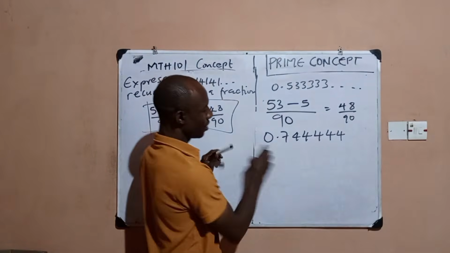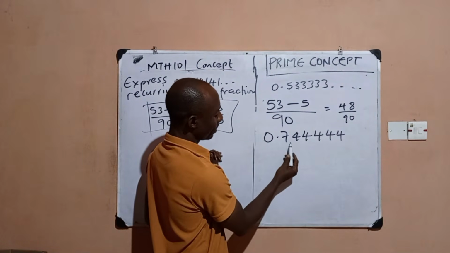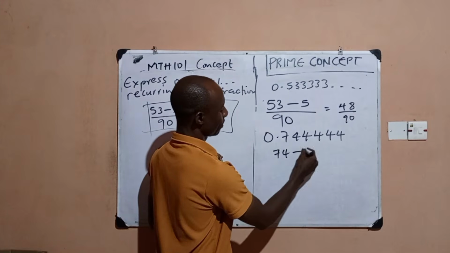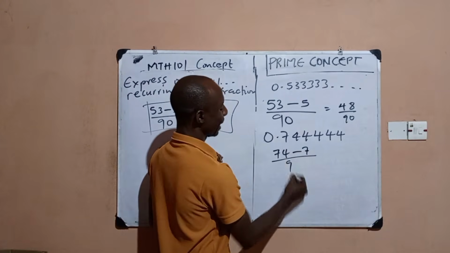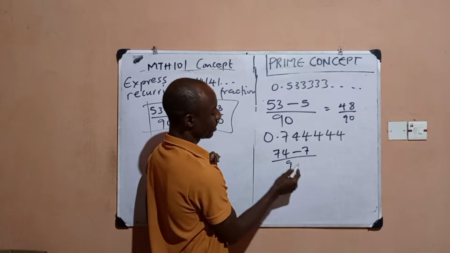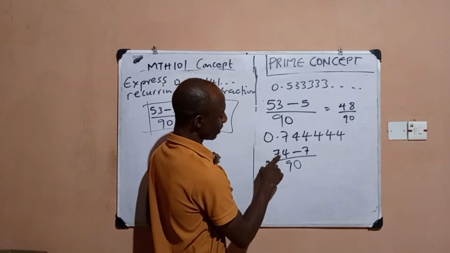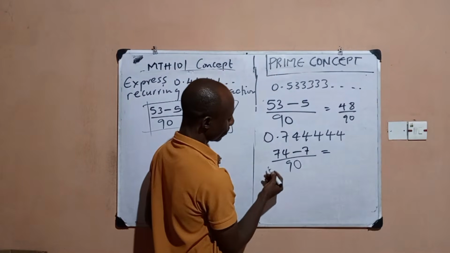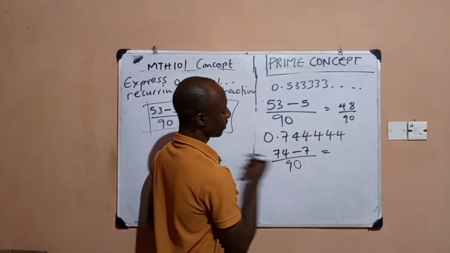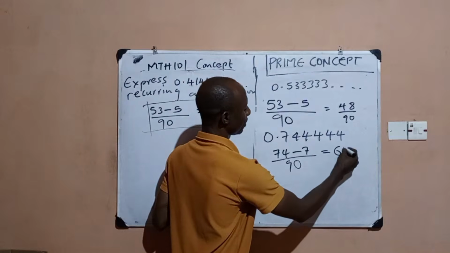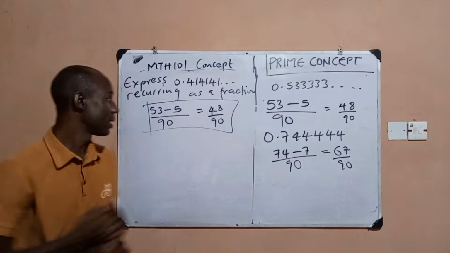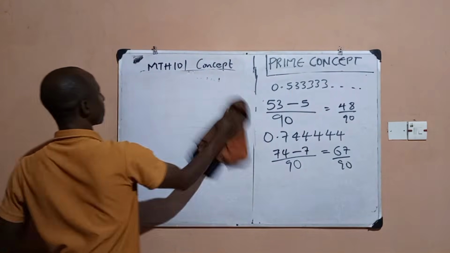So if I want to do it, I'm going to pick 74. 74 minus what now? 7 divided by 9. How many numbers are not recurring here? After the decimal point is 1, so I'm putting 1 0. 74 minus 7 is going to give me 67 over 90. So this is what you have.